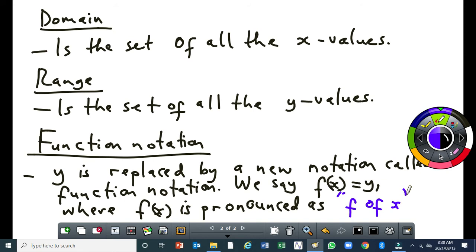You can also have g of x, t of x, h of x, and so on. And I've spoken about that under trigonometric functions.